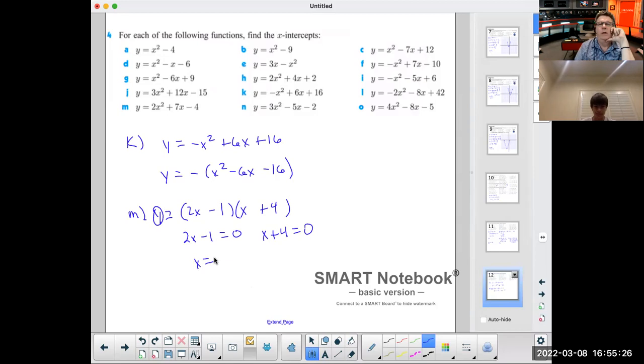So x would equal 1/2 or x would equal -4. You jumped because of the 2, you said 1 and 8, right? Were you trying to split the middle term? Is that what was happening? Yeah. Okay, you just forgot to put the 2 back in. You all right? Yep. Okay. All right.